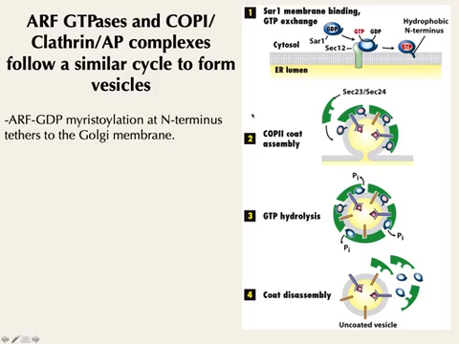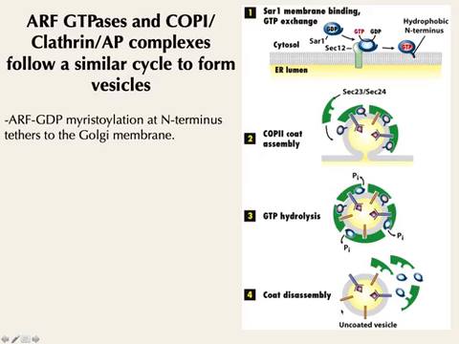So that's just a quick rundown of what we just talked about. Recruitment of SAR1, or an ARF in other systems. It's always kind of the same principle. You recruit the GTPase, you start assembling the coat, it helps form the vesicle. When you're done, the vesicle detaches from the membrane of origin with the cargo in it, and hydrolysis of GTP switches the ARF GTPase back into an inactive form.